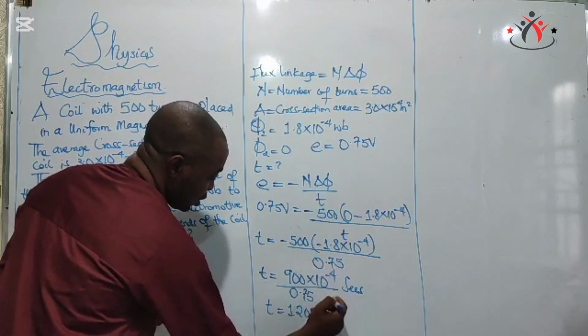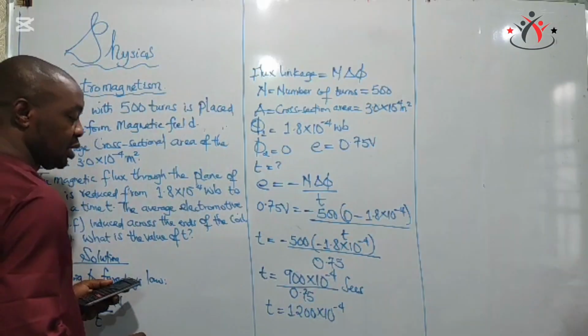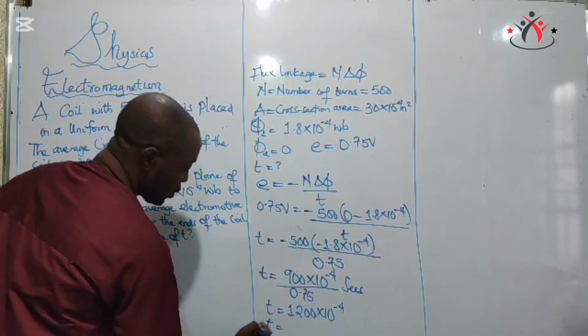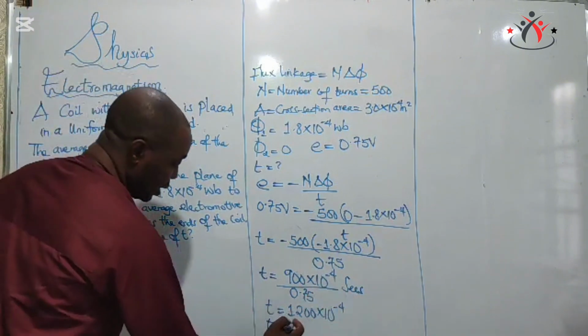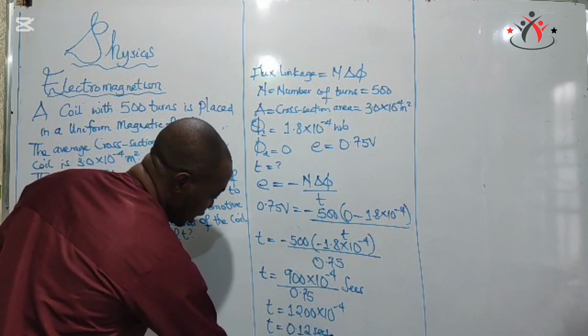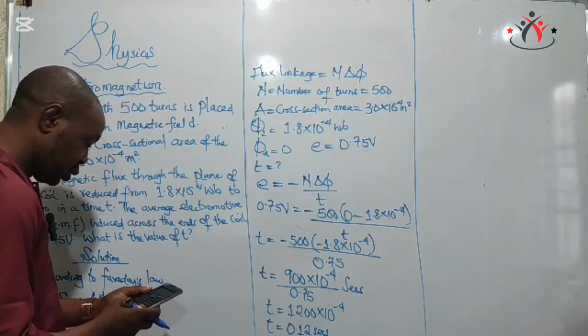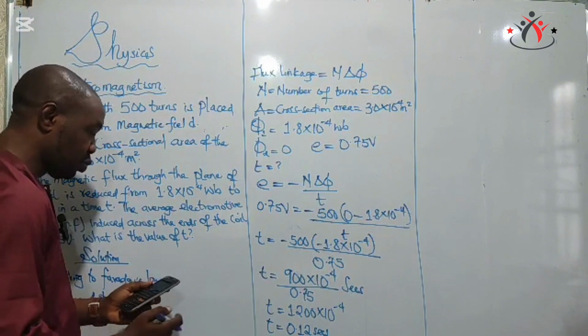Then we have 10 to the power of negative 4. Multiplying this, we have t equals 0.12 seconds. That will be the answer.